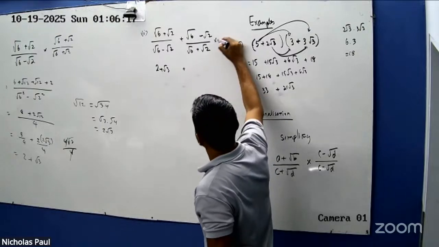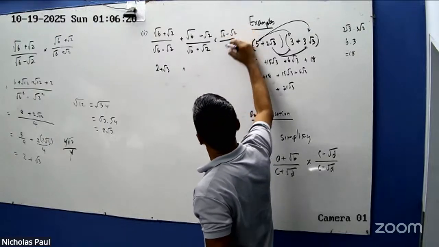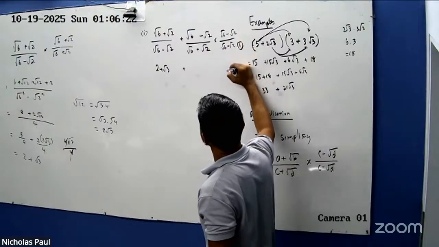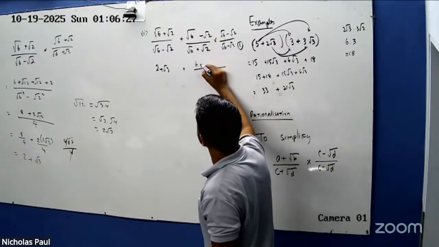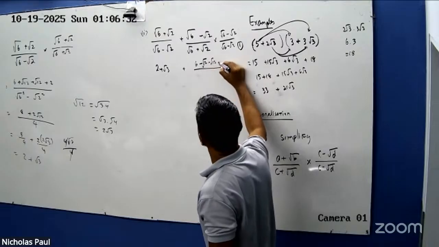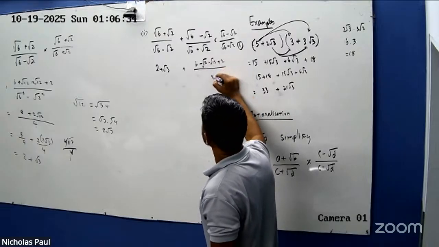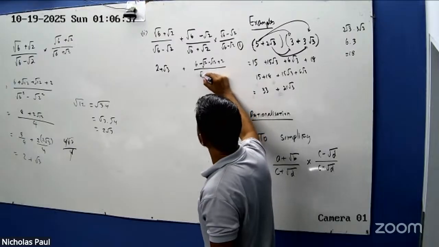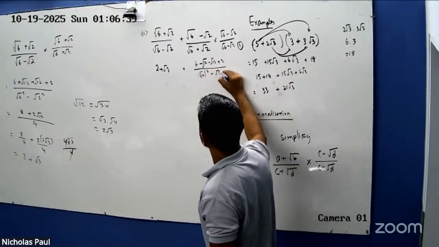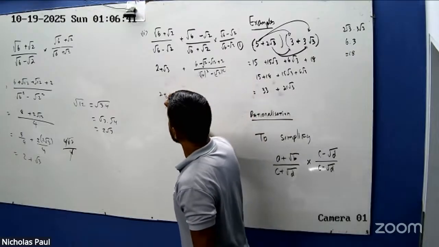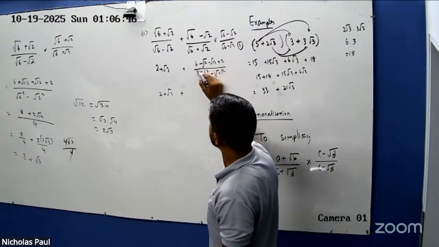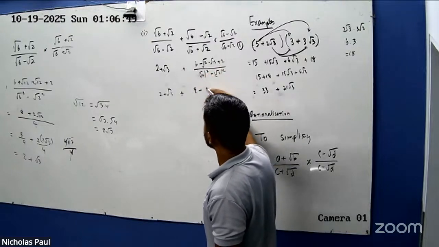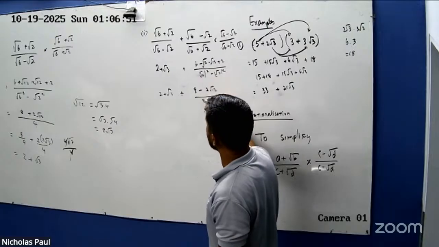So we multiply by root 6 minus root 2 over root 6 minus root 2. So what would I get here? I shall get 6 minus root 12 minus root 12 plus 2, all over root 6 squared minus root 2 squared. 6 and 2 is 8. 8 minus 2 root 12 all over 4 again.